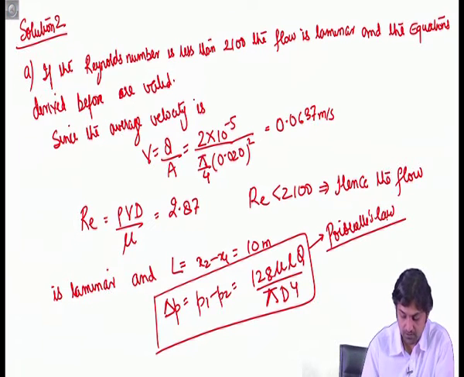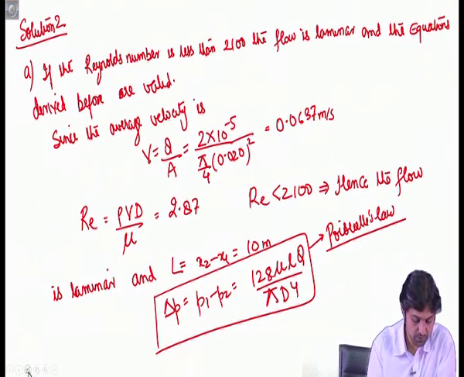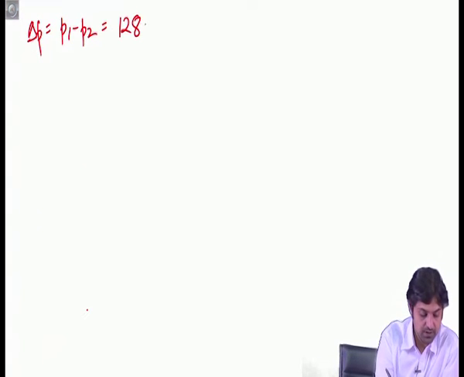So we are now going to substitute that. I will rewrite the equation: delta P equal to P1 minus P2 is equal to 128 mu L Q divided by pi d to the power 4.